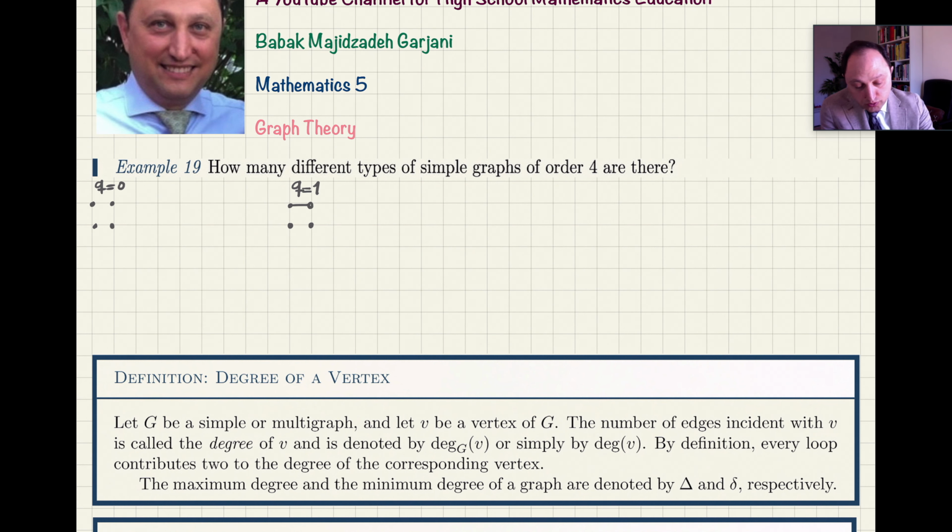Now let us go to 2 edges. And then I have 4 vertices. One scenario, of course, is this one and that one. One scenario is this one and, for example, this one. Do you think we have more?